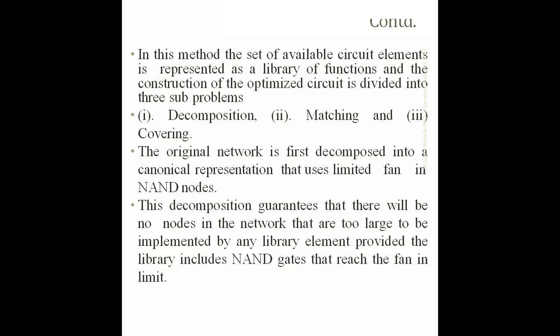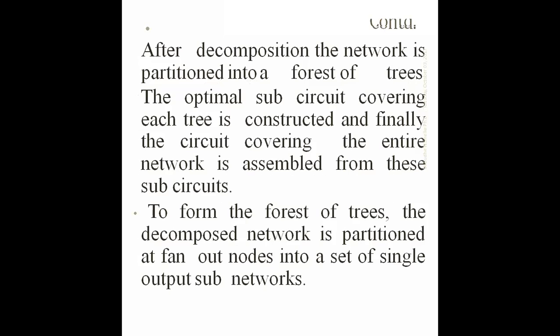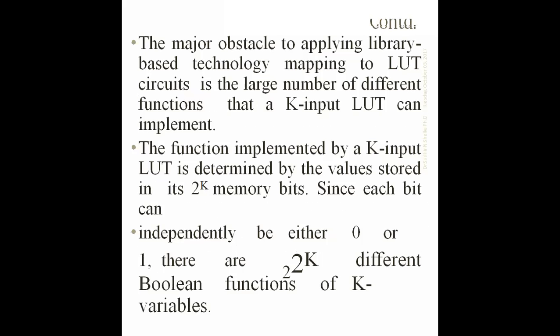This decomposition guarantees that there will be no nodes in the network that are too large to be implemented by any library element, provided the library includes a NAND gate that reaches the fan-in limit. Just it is a network; already predefined gates and components are there in the library.